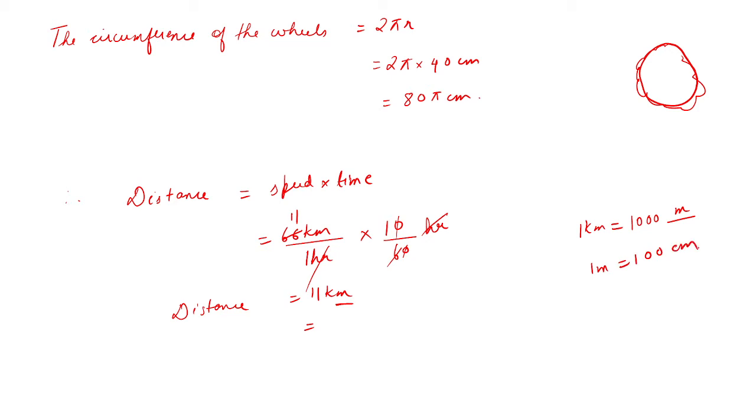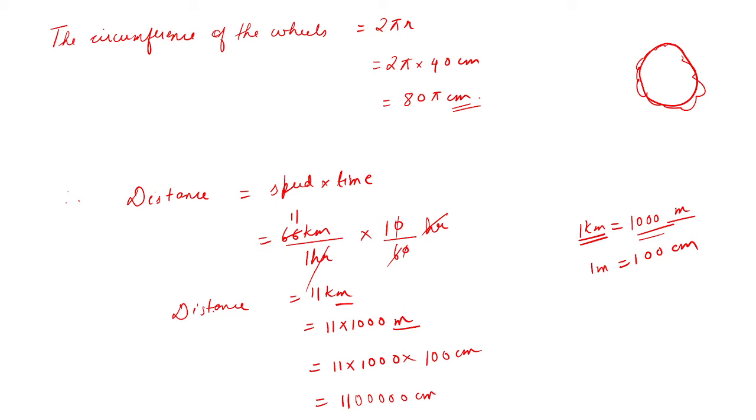So first, convert 1 kilometer into meter: 11 into 1000 meter. This becomes the distance. And then we're trying to convert meter into centimeter, right? So 1 meter gives you 100 centimeter. So this becomes 11 into 1 2 3 4 5 zeros, that is 1 2 3 4 5 centimeter.